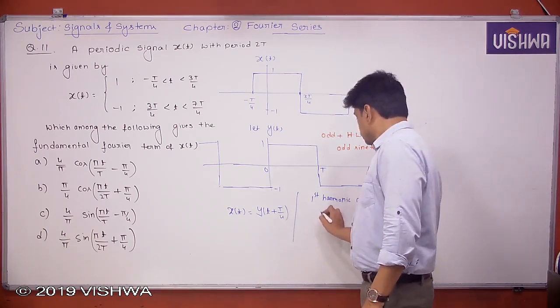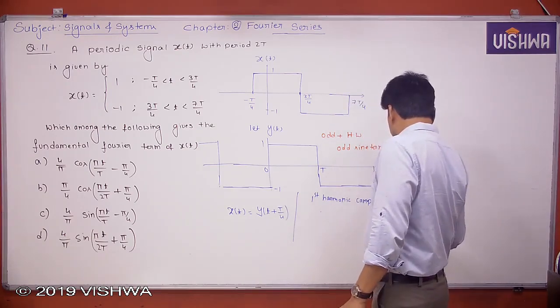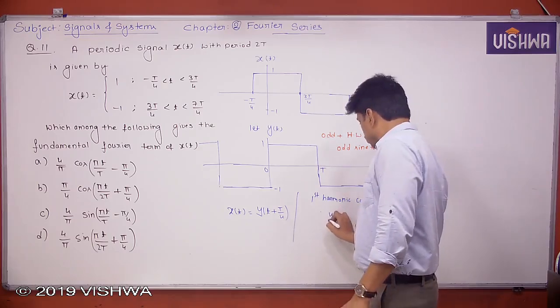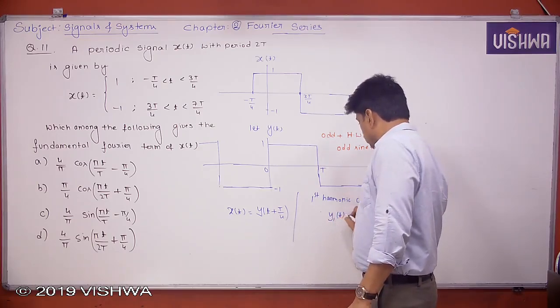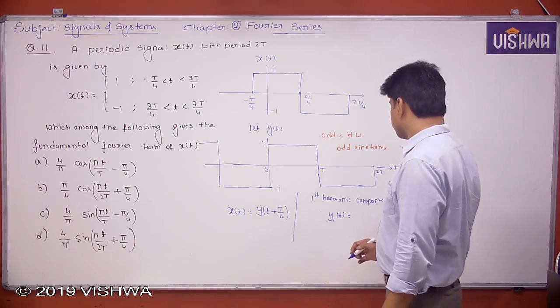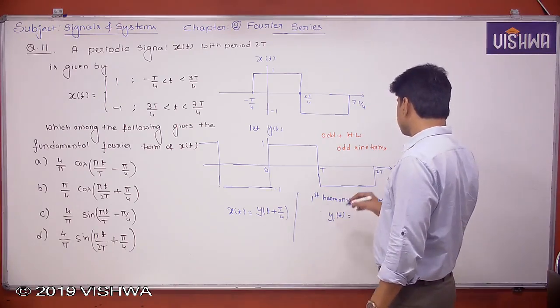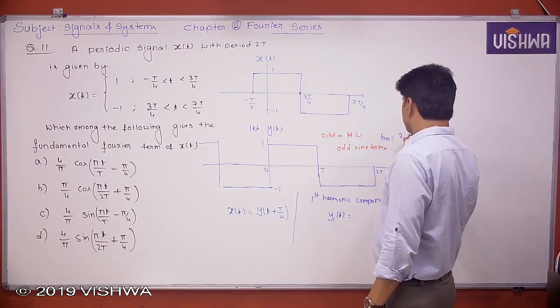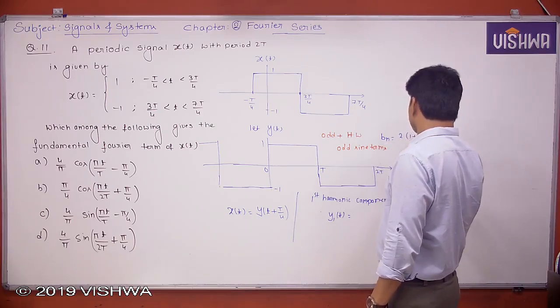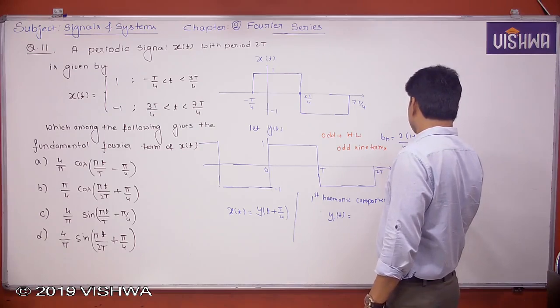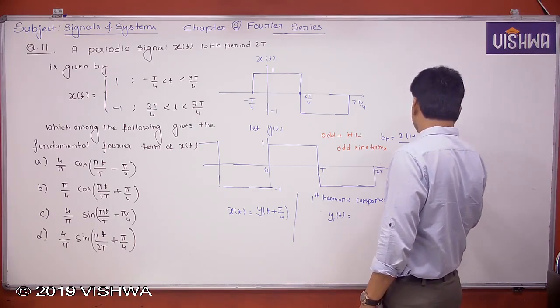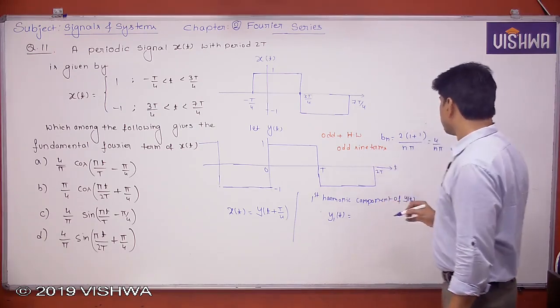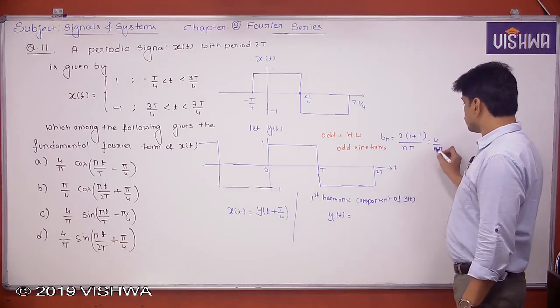Let's call it y1 of t. So what is that? For this, we have Bn, which is nothing but 2 into maximum value minus minimum value by n pi. That is 4 by n pi. So fundamental harmonic component means this n value is equal to 1.